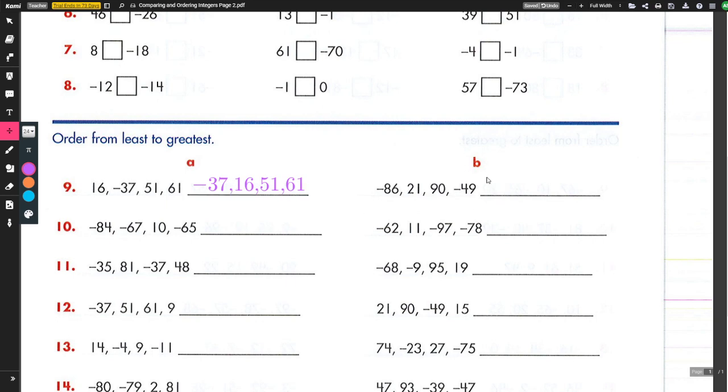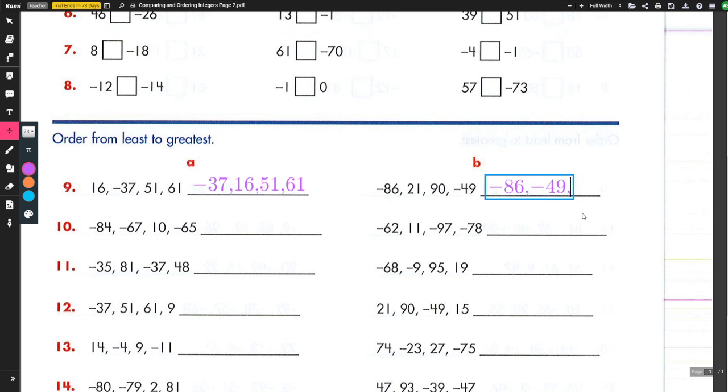Oh, here we have more negative numbers. Okay, so we have negative 86 and negative 49. Negative 86 is going to be smaller than negative 49 because owing $86 is a lot worse than owing $49. Negative 86 is a lot colder than negative 49. So we have negative 86, then negative 49.